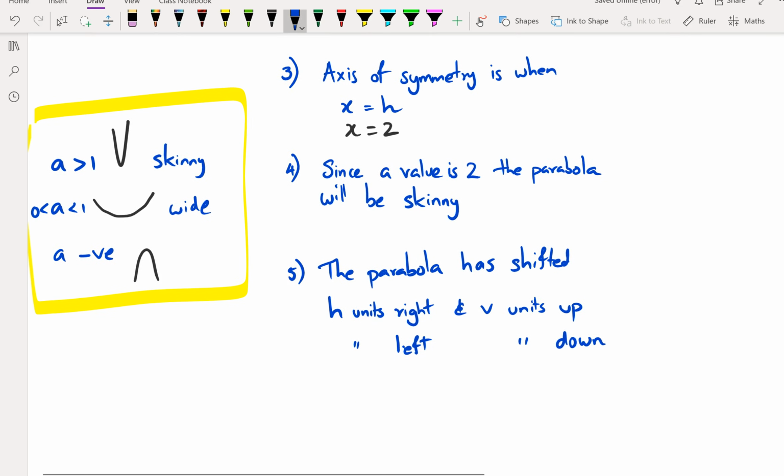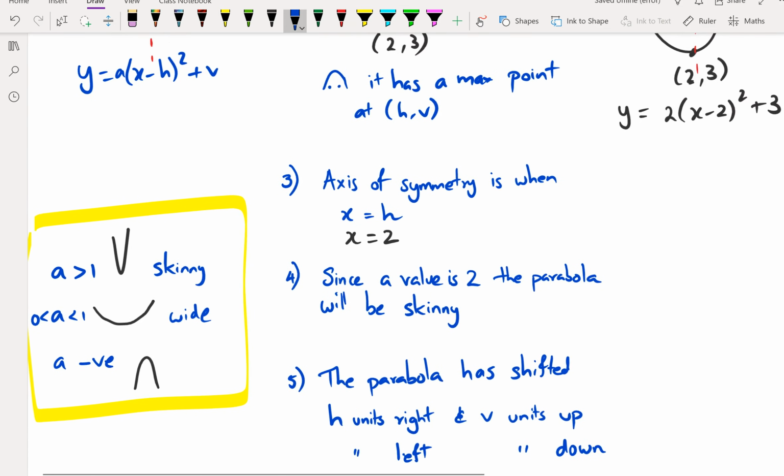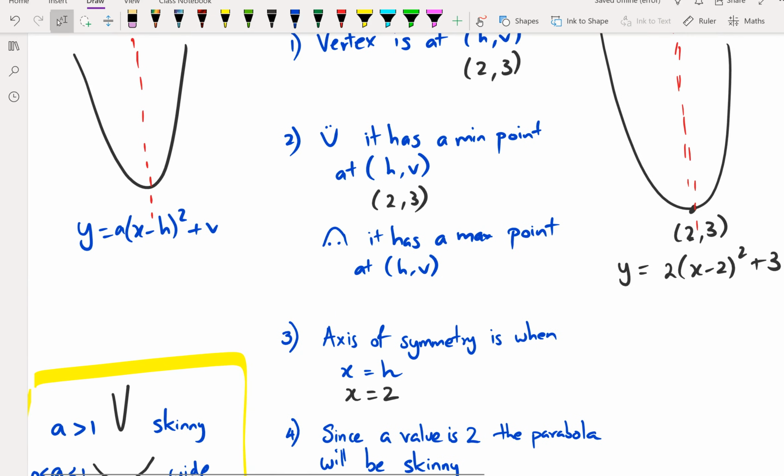And I'd say compared to the origin. The origin is at (0, 0). So in this example, you can see the parabola is at (2, 3). That means it's moved 2 units to the right and 3 units up. That's all you have to say.